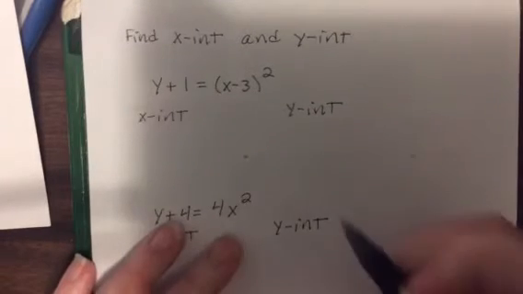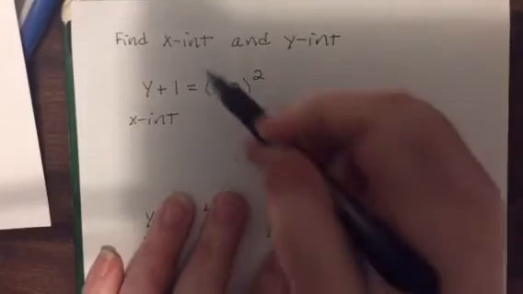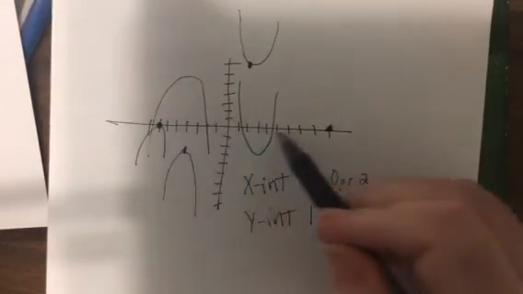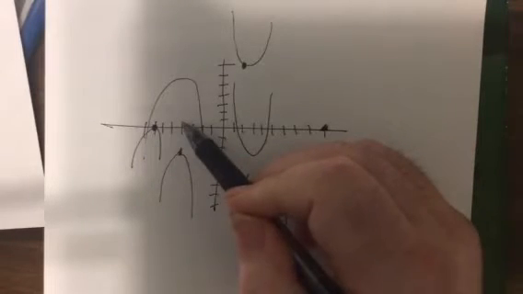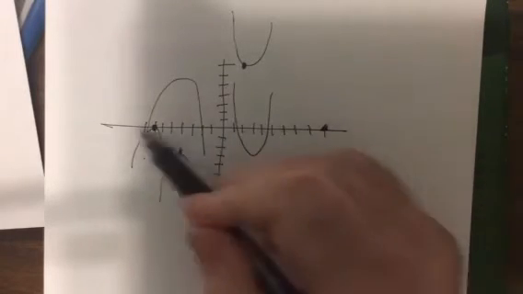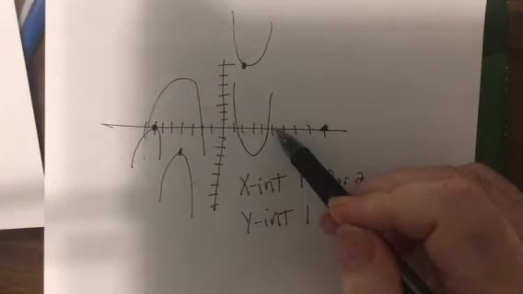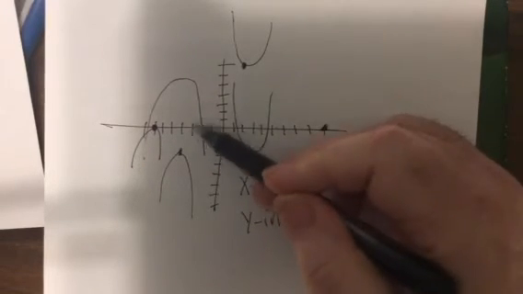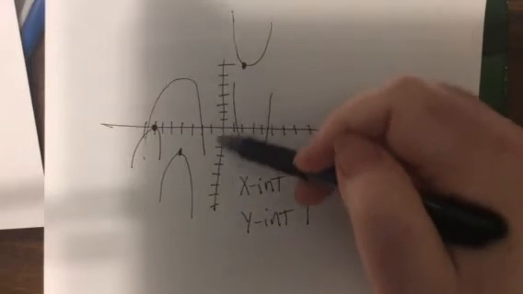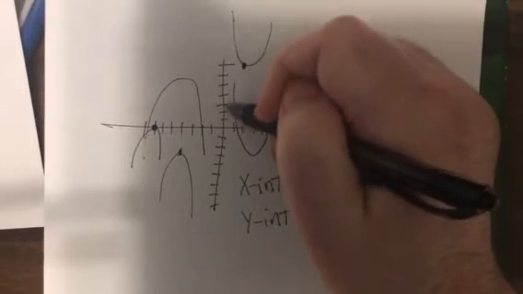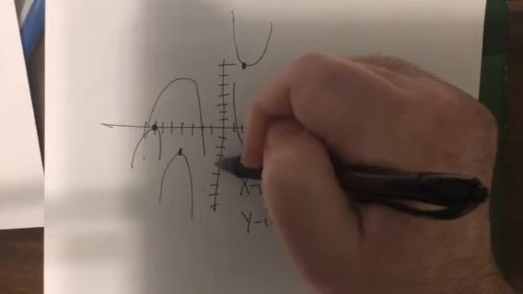So anyways, an x-intercept is where it touches the x-axis. So the question: what's true about y when you're on the x-axis? Well, it's 0. You're going up and down none. And what's true about x when you're on the y-axis? When it touches, it's 0.